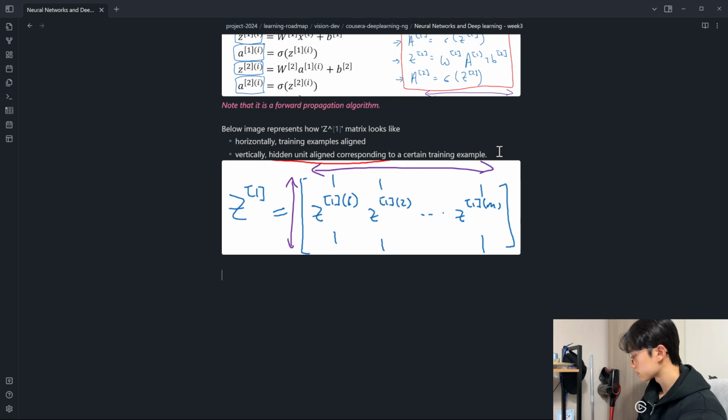Then there's actually a certain symmetry to these equations, where this first equation can also be written z1 equals w1 a0.